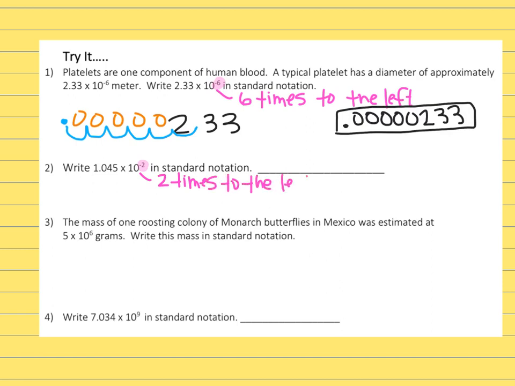Negative exponents mean you're making a super small number. The number started out as 1.045. I'm going to move it 2 times to the left. 1, 2. I only have 1 blank space, so I only have to fill in 1 zero. Then the final answer would be 0.01045.